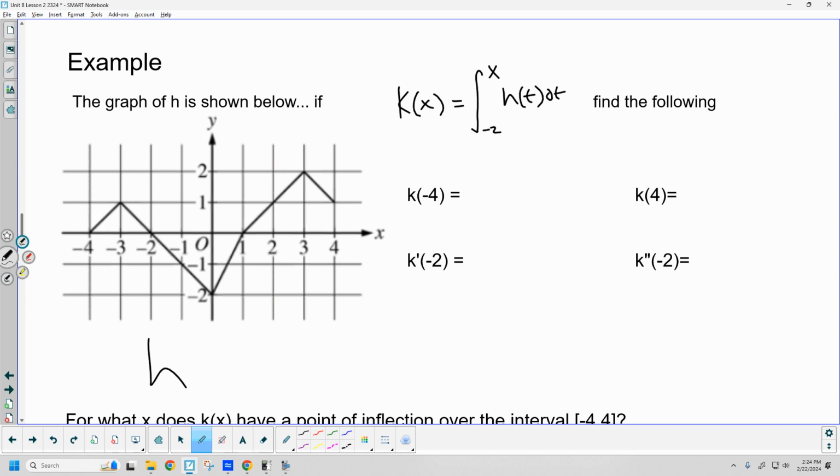K is equal to the accumulation of H. That's how we're going to find all of these K values, this one and this one. It's finding the accumulation of H. But then we talk about the derivative of K. And what's the derivative of K?